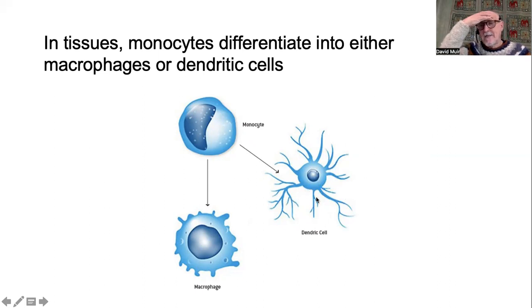They move to the lymphatic vessels and migrate to the lymph nodes. And they convey information from the innate immune system in the tissues to the adaptive immune system in the lymph nodes. And we'll hear exactly how that is done. It's a complex but very interesting process.